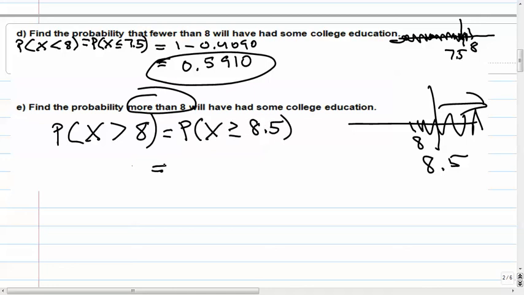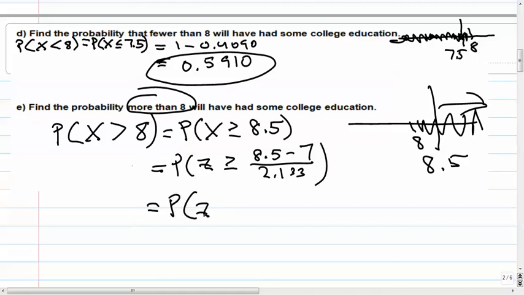So once again, I am going to go through the conversion routine. 8.5 minus the mean, divided by the standard deviation. Okay. If you're doing your math, it's equivalent to 0.70.